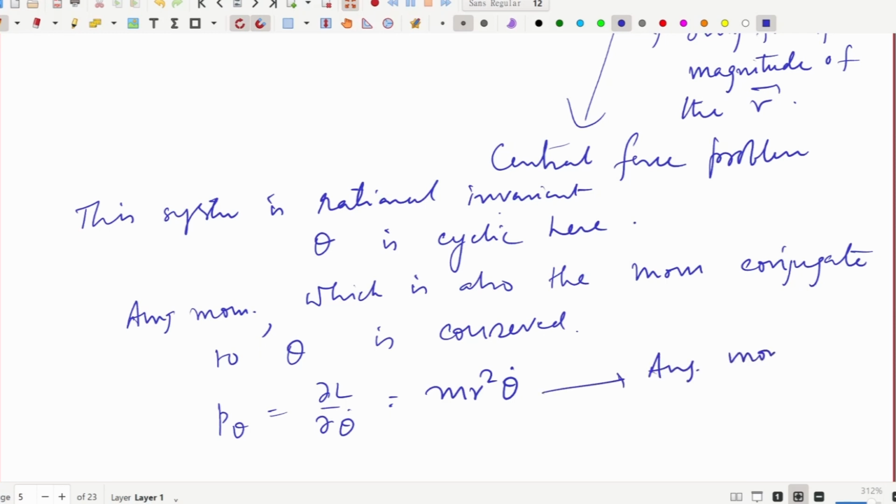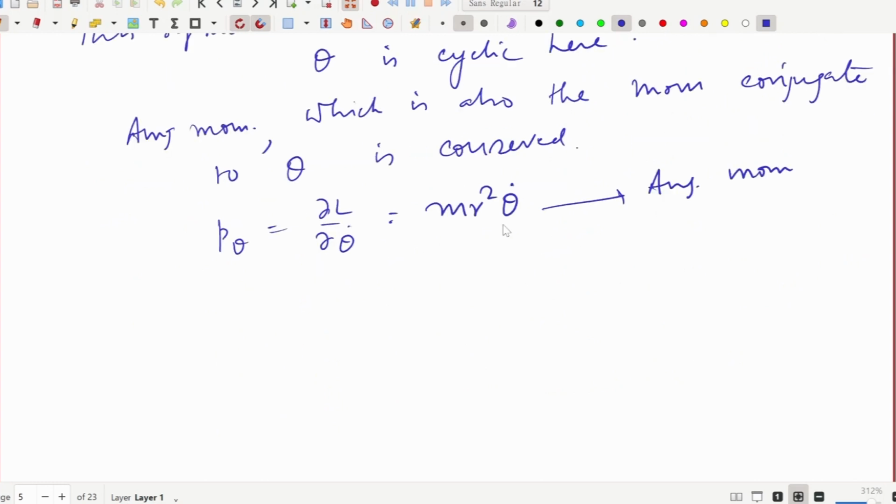So, later for the two body central force problem we will come back to this, that in the central force problem angular momentum is conserved, and this is associated with the symmetry of the system. So, now let me recap what we have done in symmetries and conservation laws. Whenever we have a symmetry, there will be a conservation law.